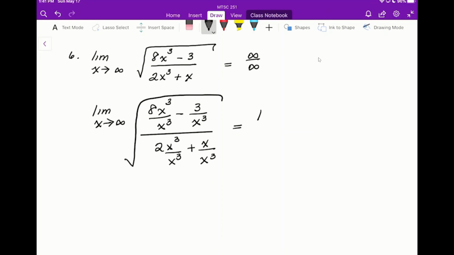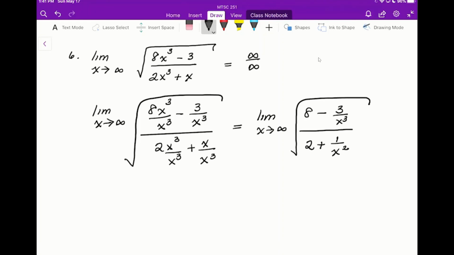So now we get the limit as x approaches infinity. We're going to get 8 minus 3 over x cubed divided by 2 plus 1 over x squared. Again, that entire quantity inside the square root.